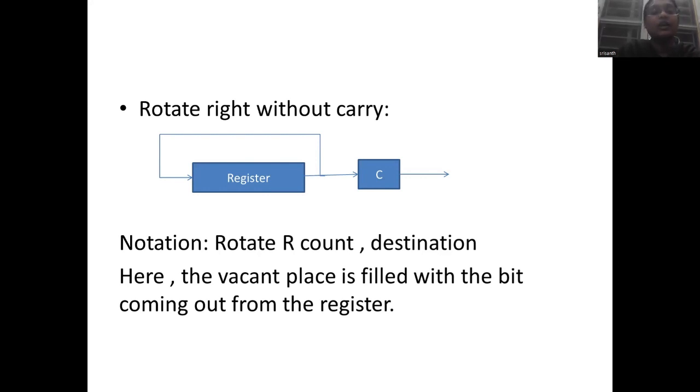Logical shift operations perform either to the right or left, whereas the arithmetic shift operation performs only towards the right, because in order to preserve the sign bit, we don't use an arithmetic shift left operation. And in order to overcome the data loss, we use rotate operators. They are classified into four types: rotate right with carry, without carry, rotate left with carry, and without carry, as we have already discussed in detail.